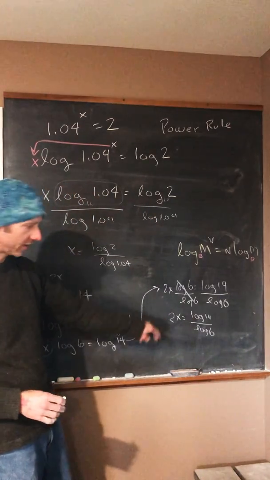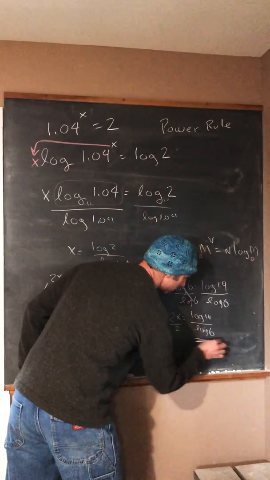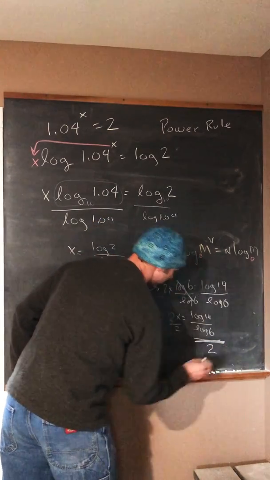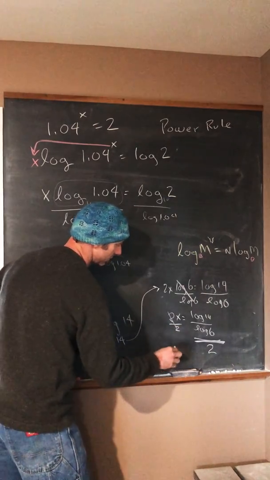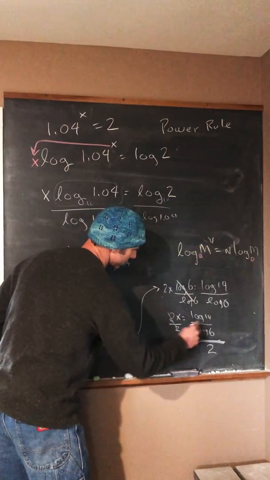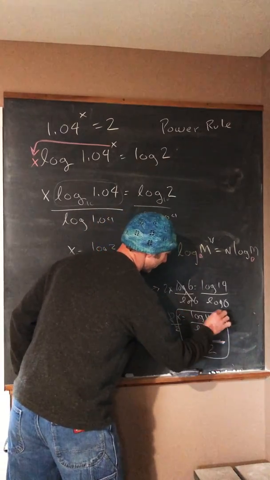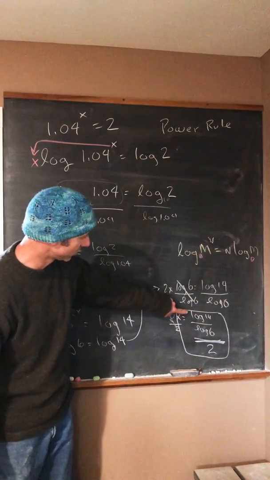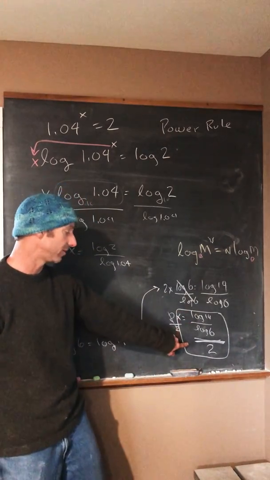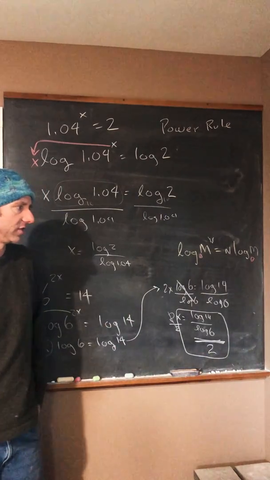I need to get this 2 out of here. Divide by 2. And I have x equals log 14 over log 6 divided by 2. A little ugly, but your calculator can handle it fairly easily, not a big deal.